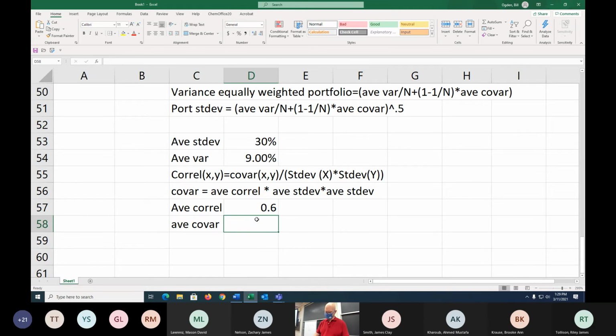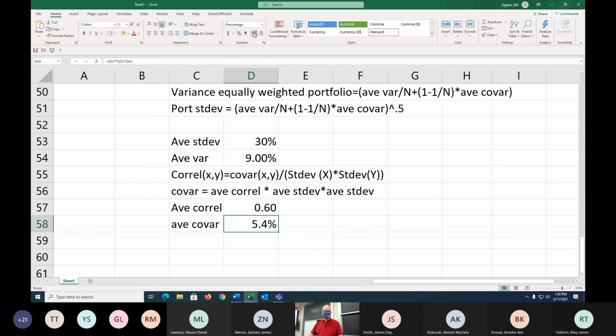That would equal the average correlation times, now you could do it either way. We can take the product of the average standard deviations, or we can just take the average variance. Technically, it's the standard deviation of A times the standard deviation of B, and we're substituting average instead of the individual ones. So that's what you get. We'll keep the correlation as a fraction. Let's give the variance a percentage.